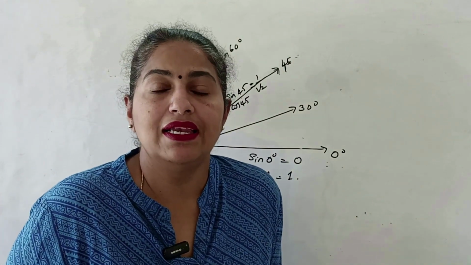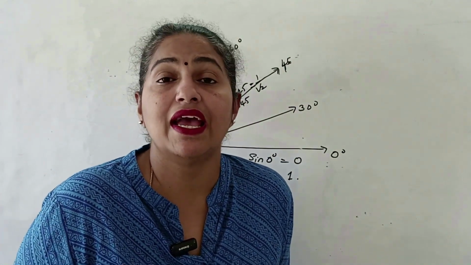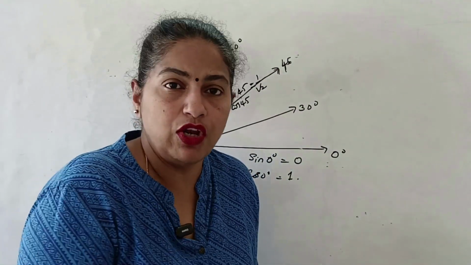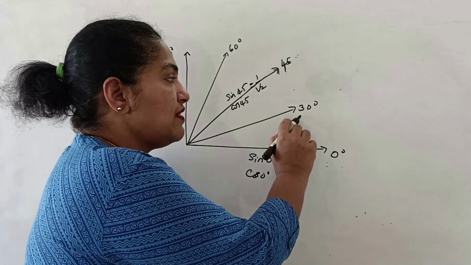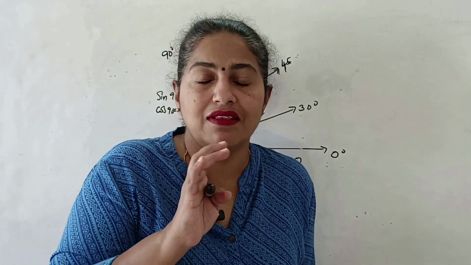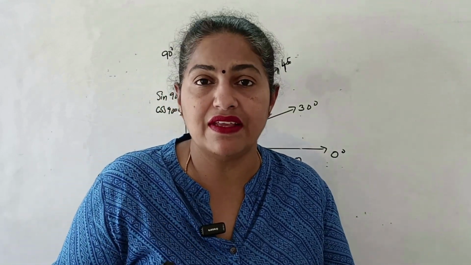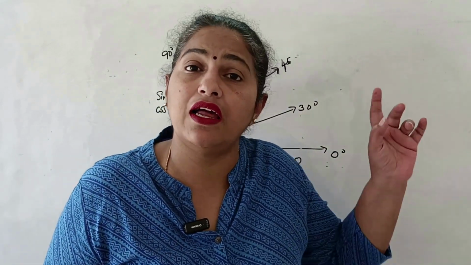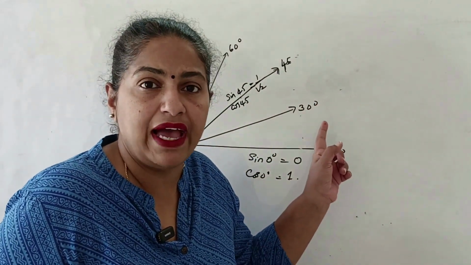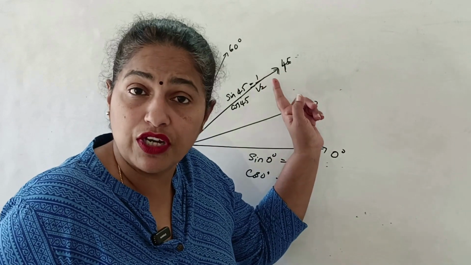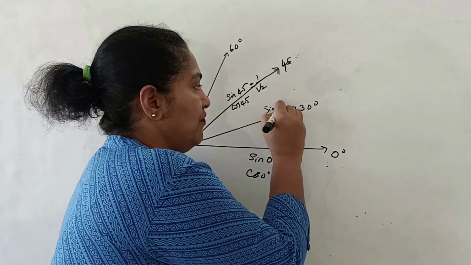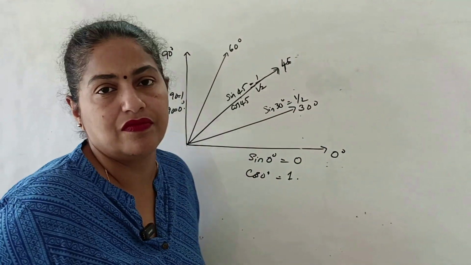Now let us see how we can remember 30 and 60. As usual, we go from the lower angle to the higher angle. So sine 30 is the first value we are concerned about. You should think like this: sine is a very decent angle. It starts from 0 and moves upwards till 1. So sine 30 has to be a value which is lesser than sine 45, which is 1 by root 2.